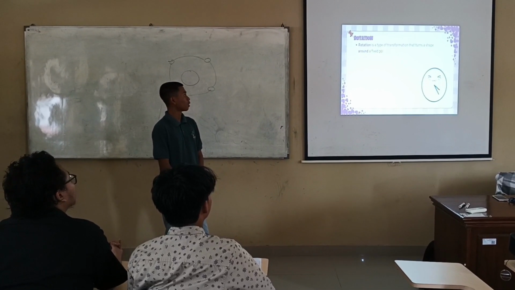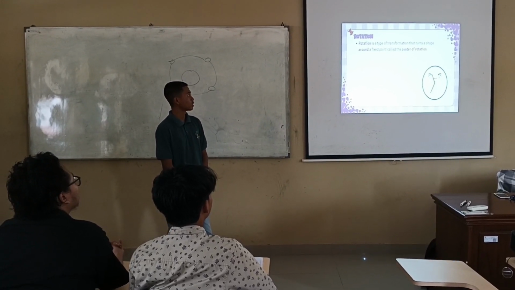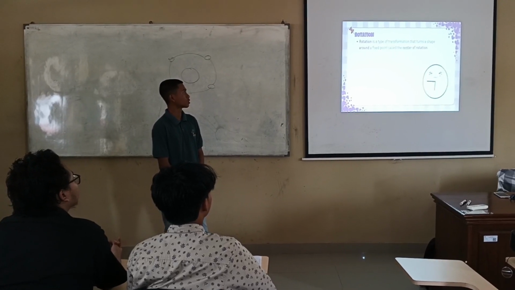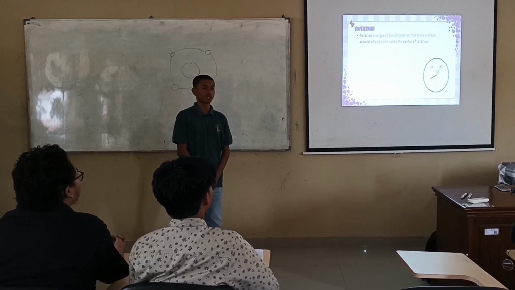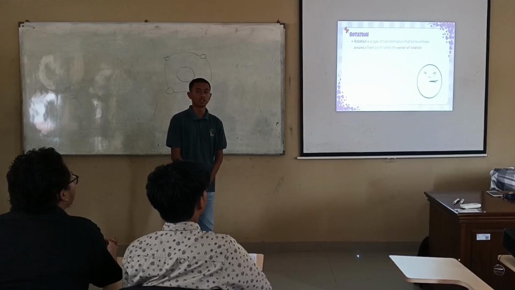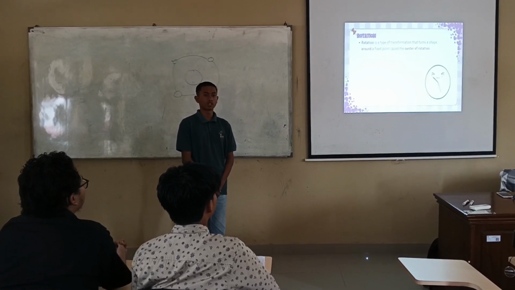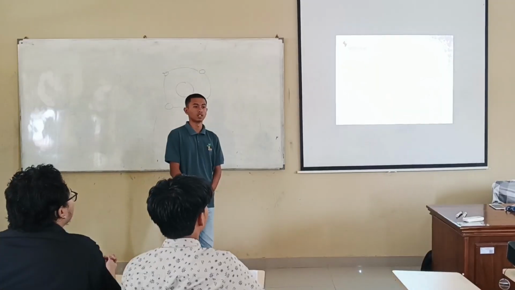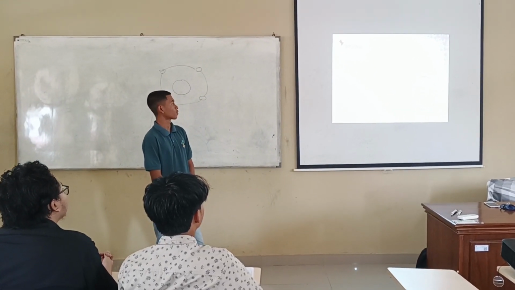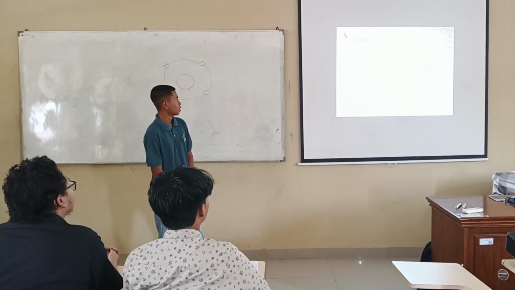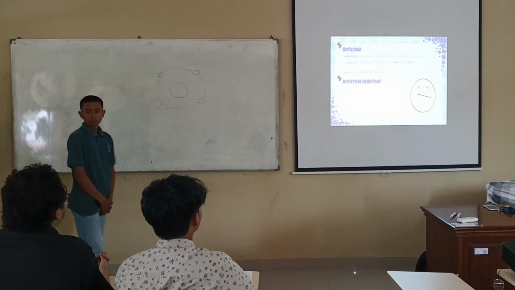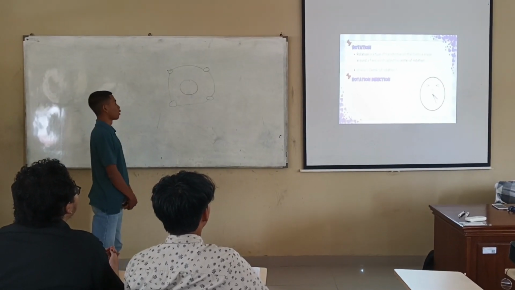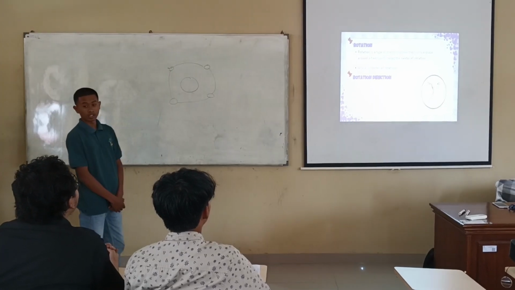Rotation is a type of transformation that turns a shape around a fixed point called the center of rotation. The center of rotation is the fixed point around which the object rotates. In the picture, where is the center of rotation?